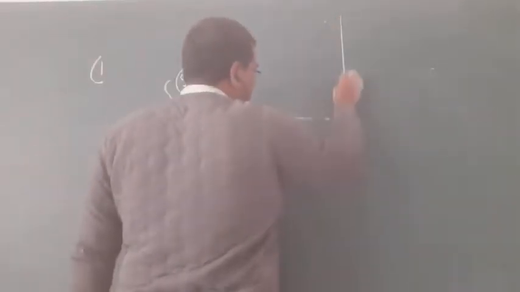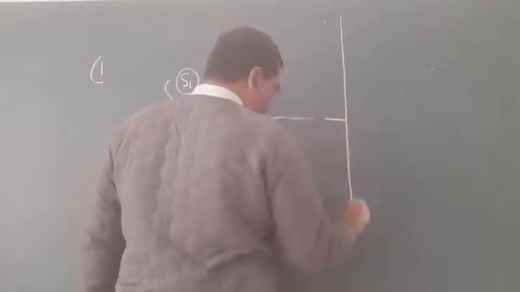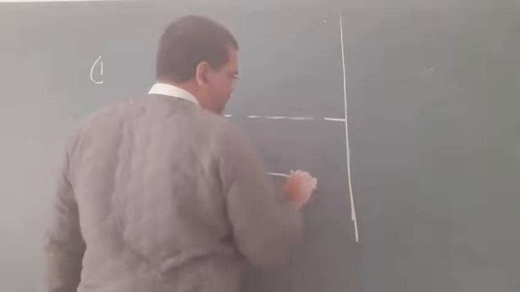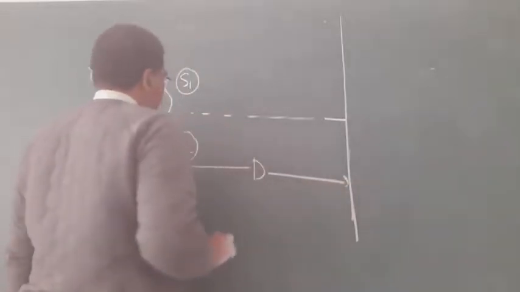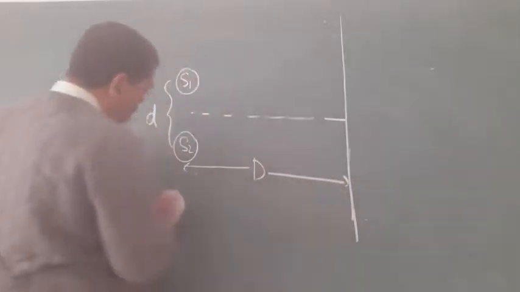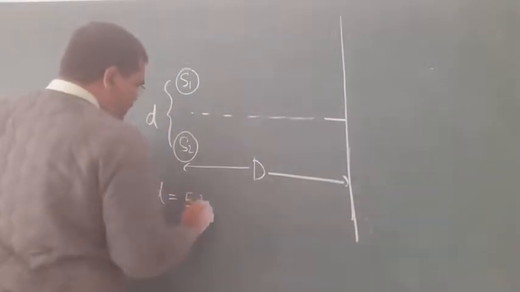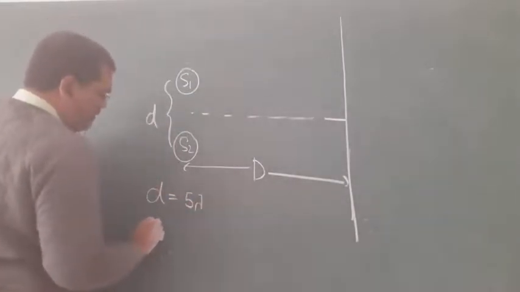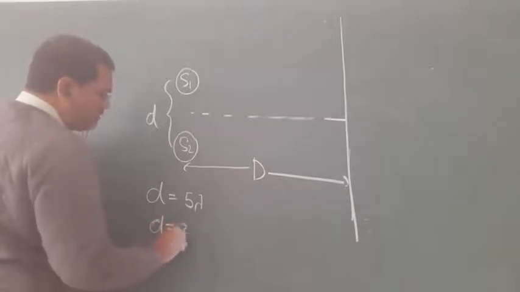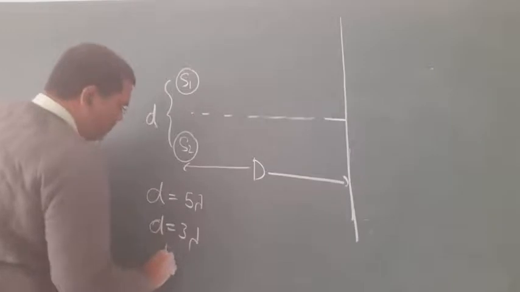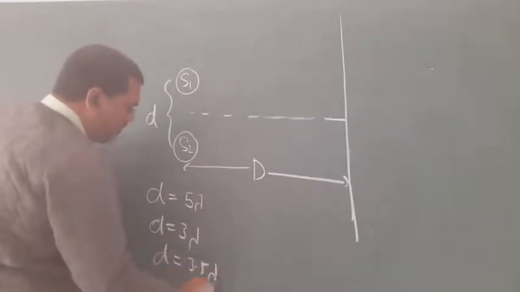This is the screen, this is the YDSE setup, and the distance between the screen and the slits is capital D. If d equals 5 lambda, d equals 3 lambda, and d equals 3.5 lambda.